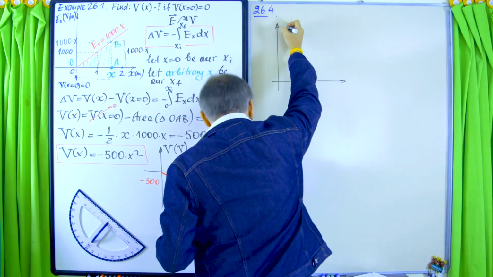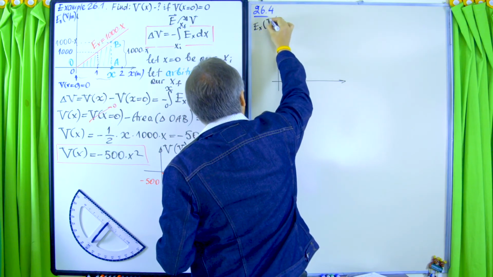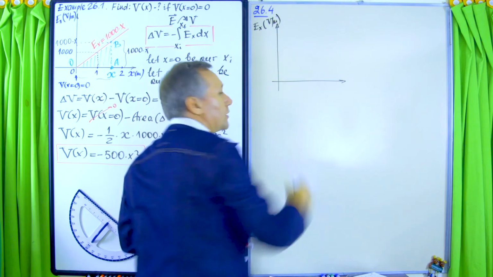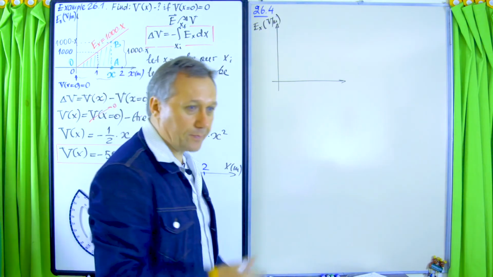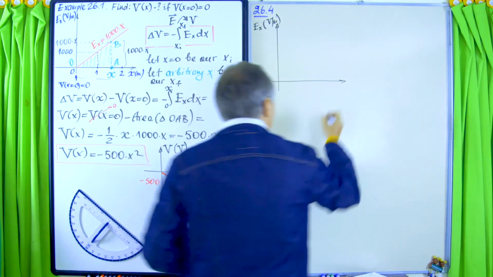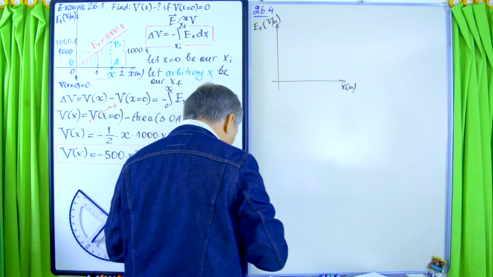So this is Ex, units of course volts per meter. You remember, instead of newtons per coulomb, we can also use volts per meter. Then here we have x in meters and the plot.